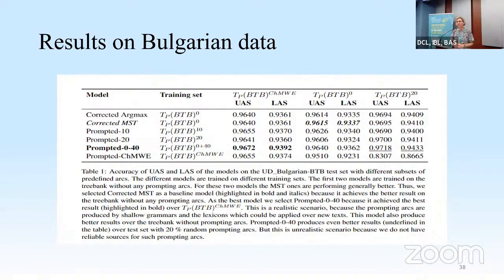This scenario on the right is not very realistic. It is very nice as a result, but it's not realistic because it uses arbitrary links from the tree bank. And the problem here is that we don't control them and we don't know what can happen and how it goes and so on.